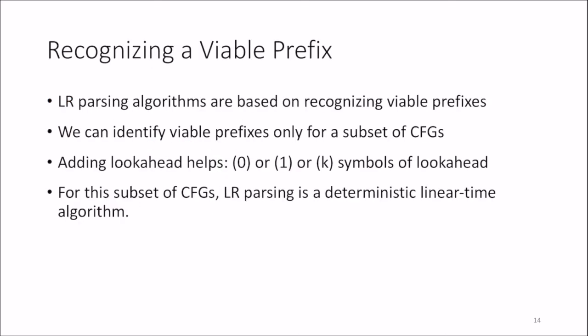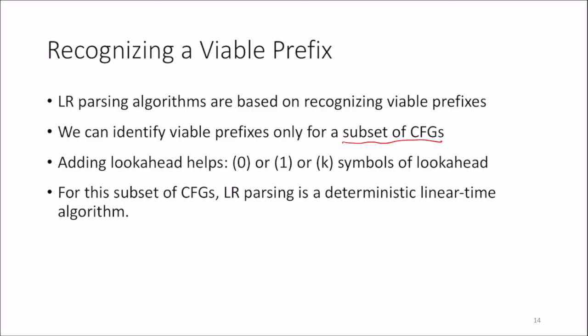All of these algorithms are based on the main problem, which is recognizing a viable prefix. So once we know how to recognize a viable prefix, we know when to shift, we know exactly when to reduce. And so all of the LR parsing algorithms are based on recognizing viable prefixes. Unfortunately, we can only identify viable prefixes for a subset of context-free grammars.